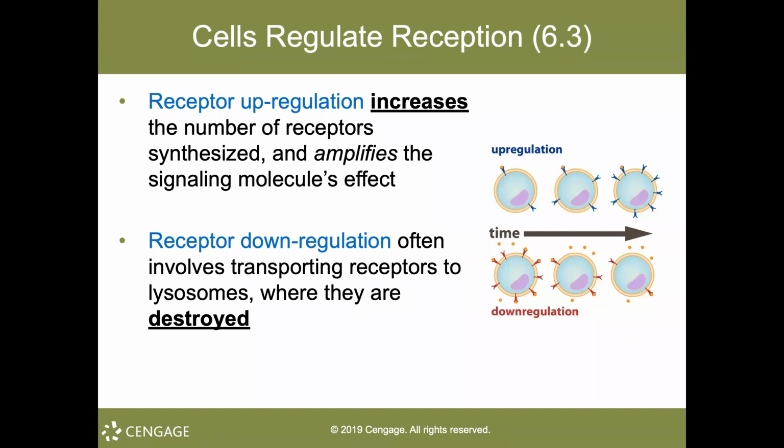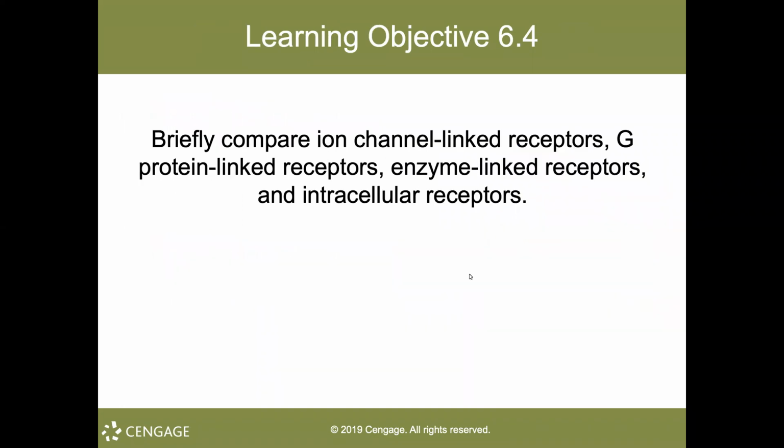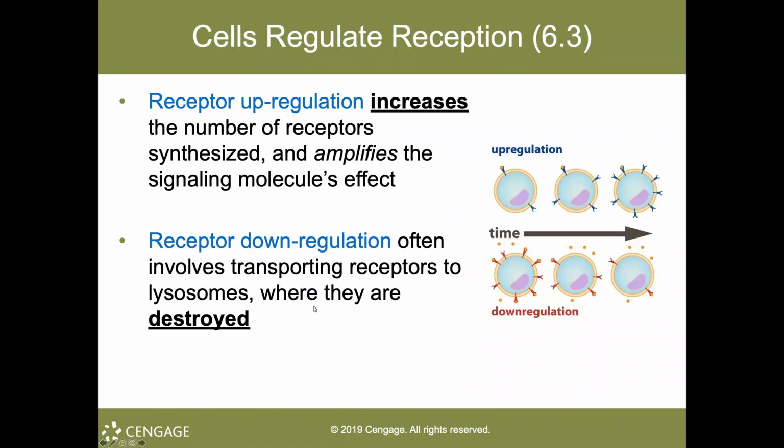So maybe they need to make more of a particular molecule, which will eventually upregulate the cell's response. Remember, signals will bind to the receptors. The receptors will cause a cascade of signaling events, and that will lead to some biological effect.